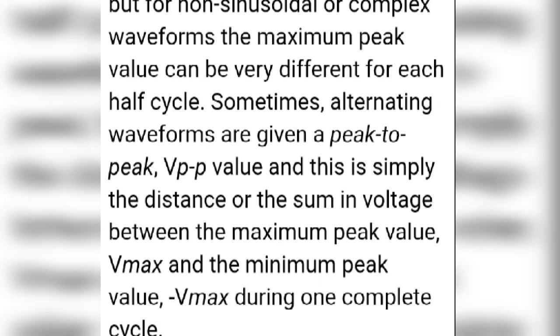Sometimes alternating waveforms are given a peak to peak, V p-p, value. This is simply the distance or the sum in the voltage between the maximum peak value V maximum and the minimum peak value V minimum during one complete cycle.